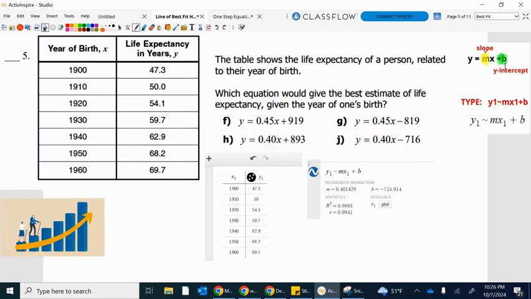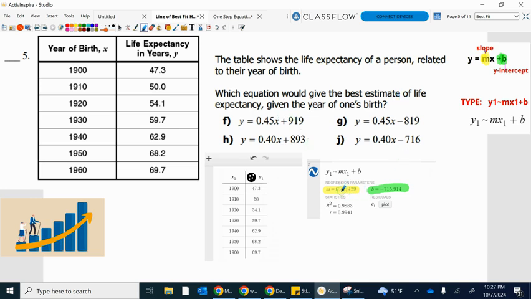Okay, number 5, you would also want to create a table in Desmos, but because of time, I went ahead and already typed it. Here it is. I put in my equation, and I found my slope and my y-intercept. So then once again, we're going to add these in and see which equation is closest.